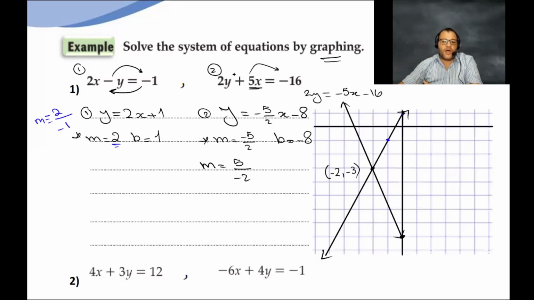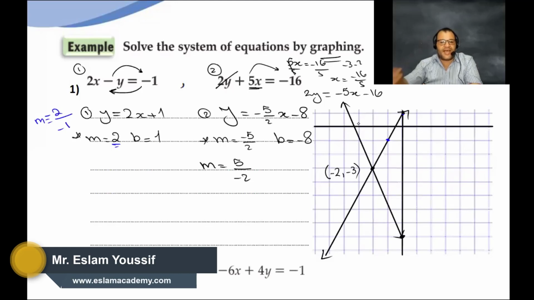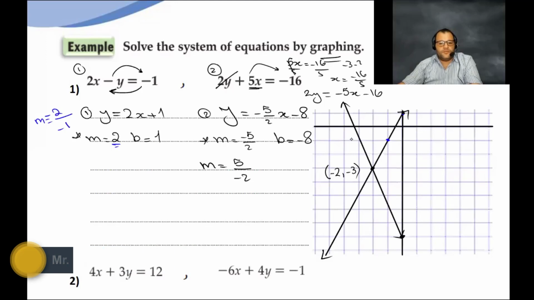When you say that y is equal to 0, you will find that 5x is equal to negative 16, divided by 5, divided by 5. You will find that x is equal to negative 16 over 5, which gives you a decimal, negative 3.2. How can you exactly place the point? That's the problem. You understand this point? Is that clear?